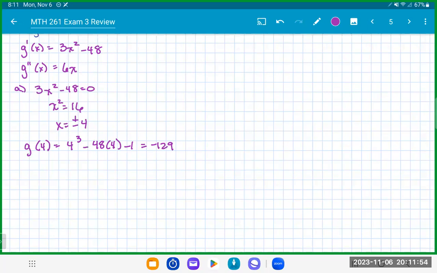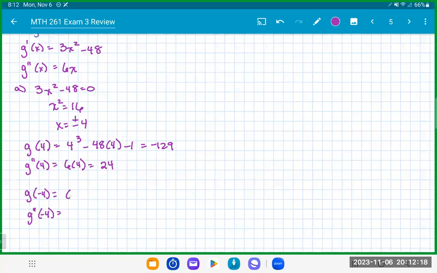So now we have our g of 4. Let's look at g double prime of 4. And so that's going to give us 6 times 4, which is equal to 24. While we're here, let's just do g of negative 4 and g double prime of negative 4.